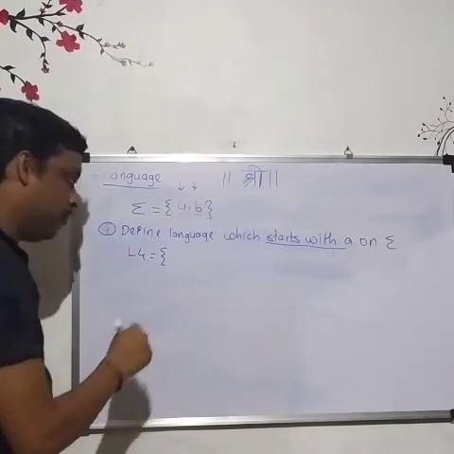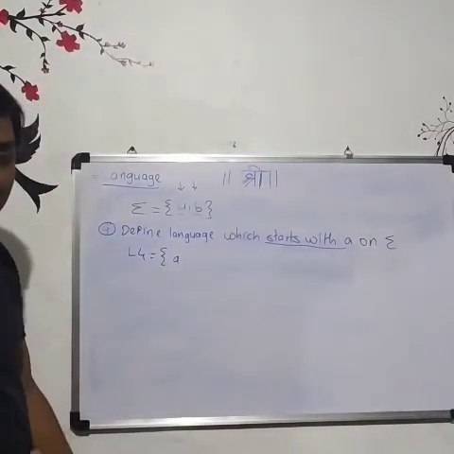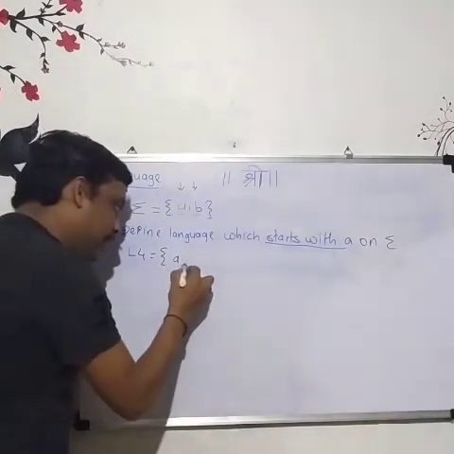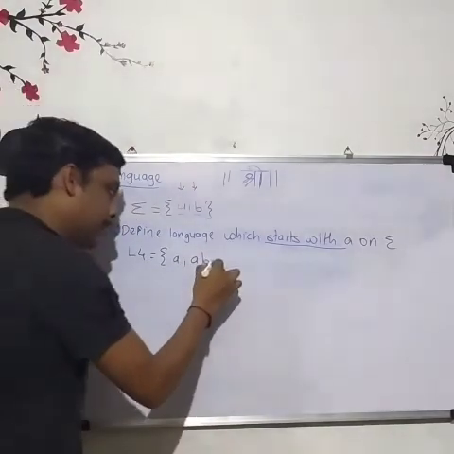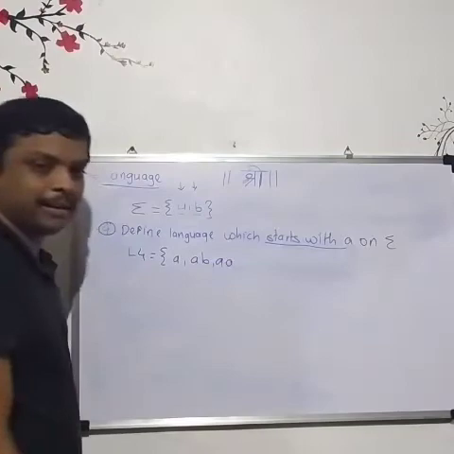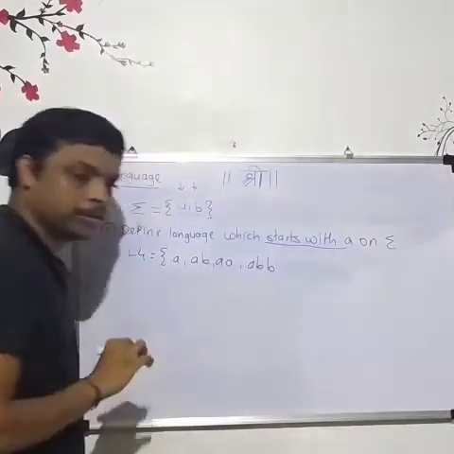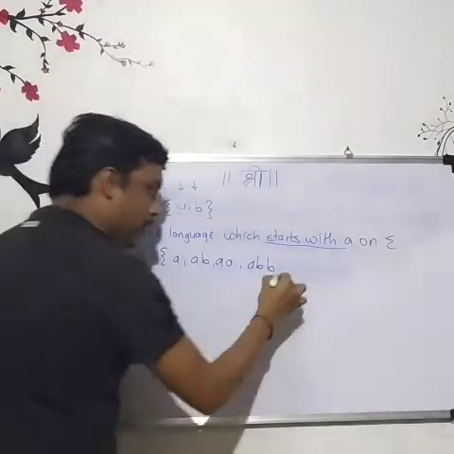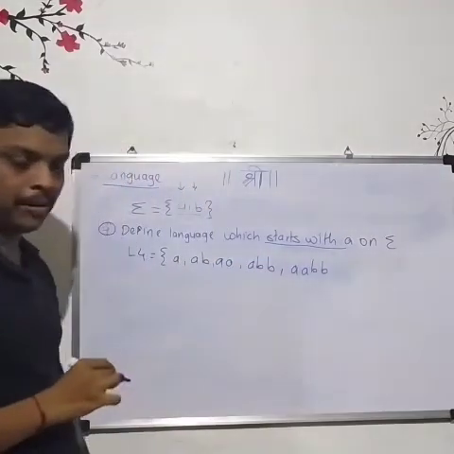A. So what will be the first string? A only. Starts with A, only A can be considered. Or A, B also we can consider, or A, B, B also we can add in it.